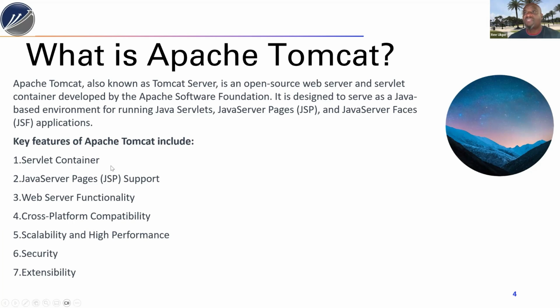So these are the key features of Tomcat Server. It's a servlet container. It can create a Java server page, right? It supports Java server pages. It has web server functionalities, so you can use it as a web server, right? It also has cross-platform compatibility, so you can move from one platform to the other.